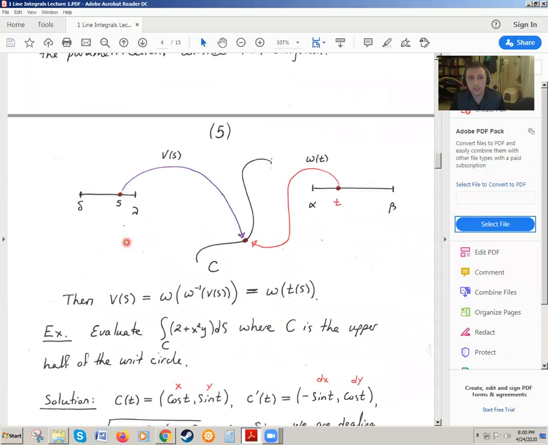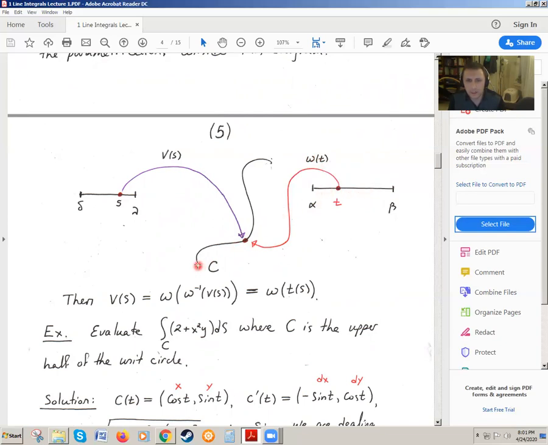First of all, suppose that we have this curve that we want to walk on, and the curve is parameterized on one hand by v of s, where s varies from delta to lambda, and on the other hand, it's parameterized from alpha to beta by w of t. In other words, those are two different descriptions.